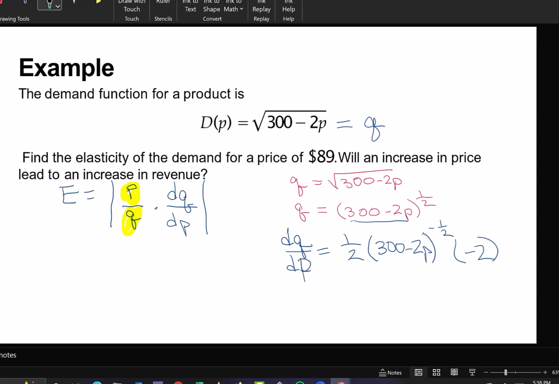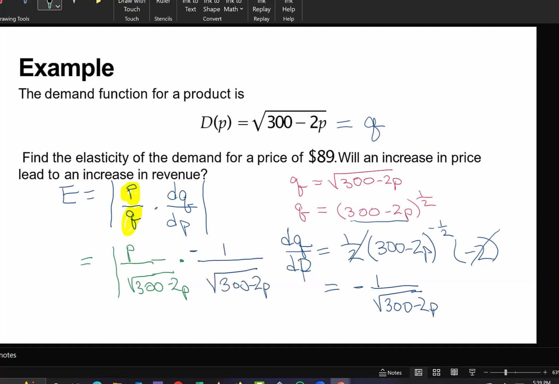Now, we're going to plug this in to the elasticity. We have P, we don't know, we're trying to find that. We have Q in terms of P. We have the derivative of Q with respect to P. Let's simplify it over here. This will cancel with this, and I'll get -1 over the square root of 300 minus 2P.